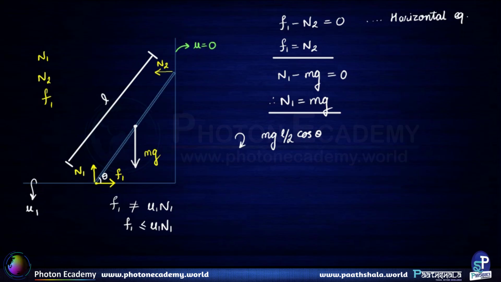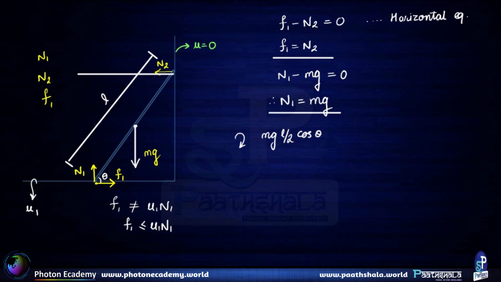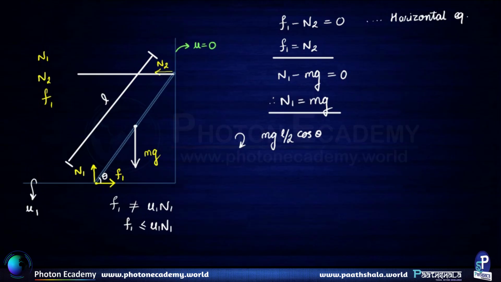Now this clockwise torque in total equilibrium is going to be countered by the torque because of N2. Now if we extend N2, we can clearly see that N2 into perpendicular distance, let us say this is the perpendicular distance, will give me the torque because of N2.